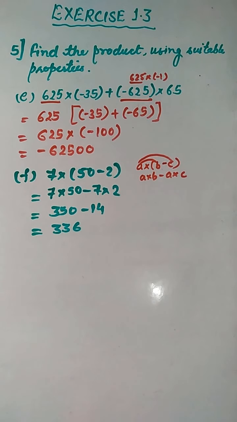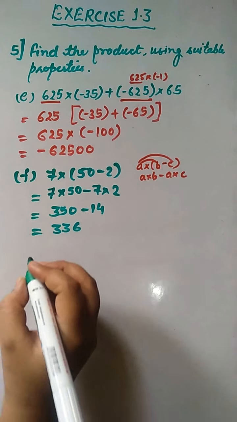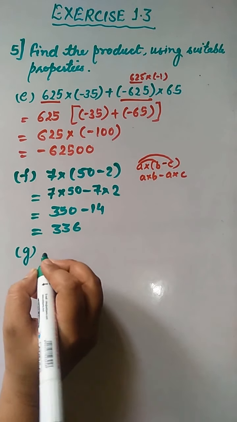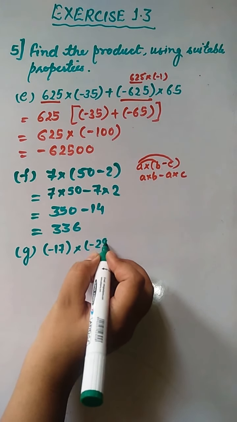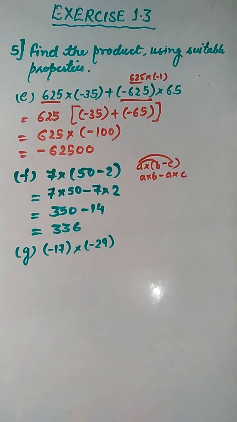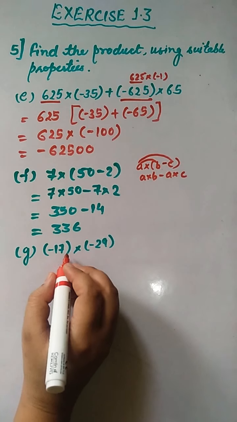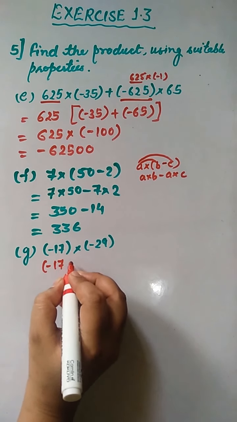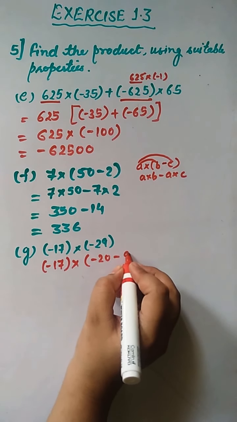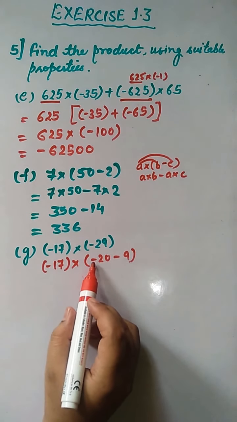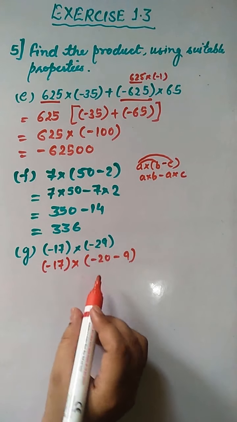Now question number 5th G part, minus 17 into minus 29. How we can do this? Again we can write minus 17 into minus 20 minus 9. Understood? Because minus 20 minus 9 is minus 29.